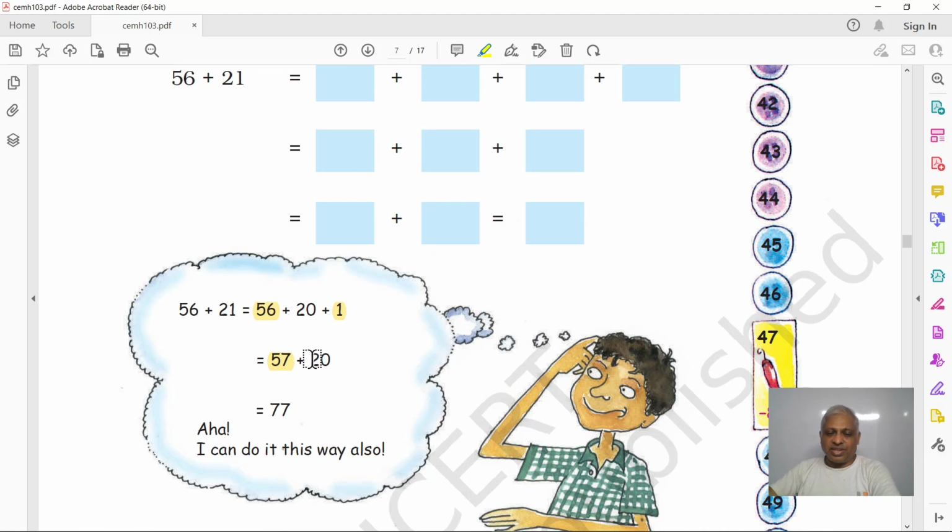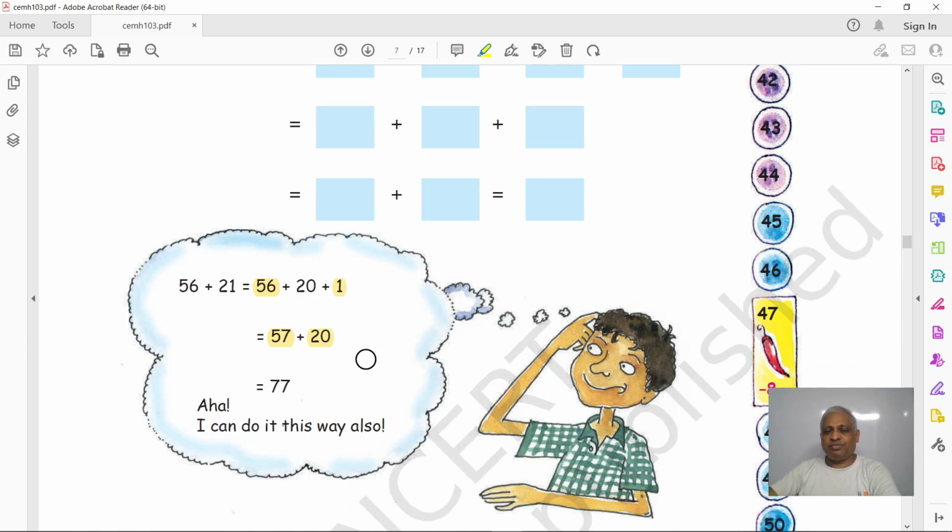This is another way, right? Another quickest, fastest way to do it. Otherwise, earlier we did 50 plus 6, 20 plus 1. So tens we added, 50 plus 20, 70. 6 plus 1, 7. 77, right?